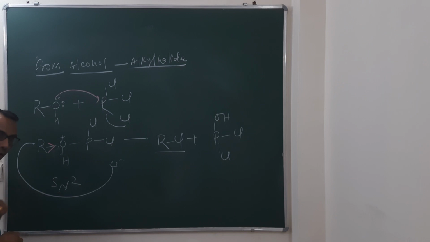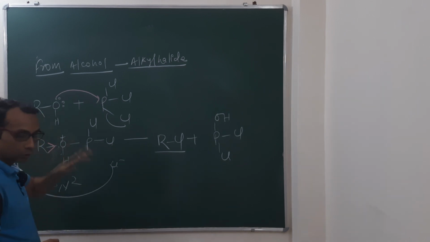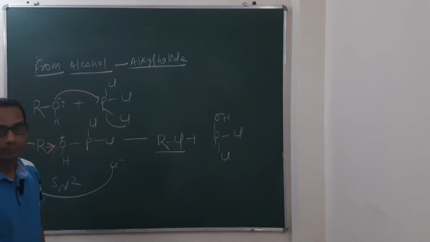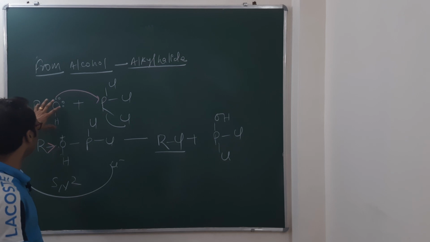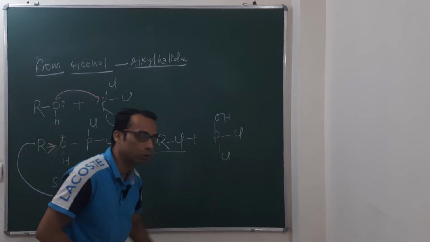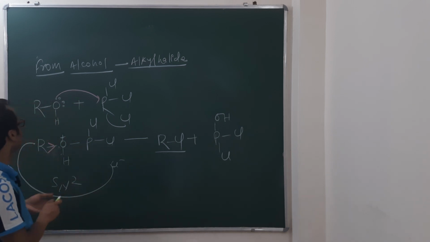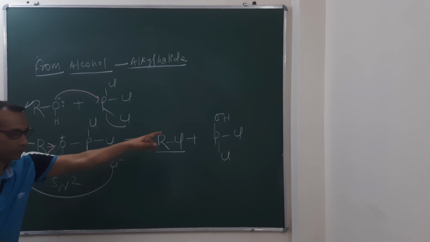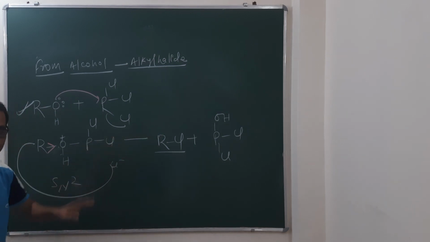Now my question to you: how many alcohol groups will I have to take to remove all the chlorines? Do you understand what I am telling you? See, one alcohol group we have taken, one chlorine is removed, and one OH has developed on the phosphorus.